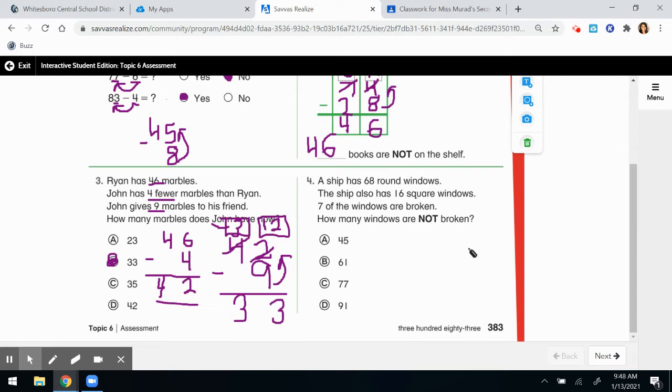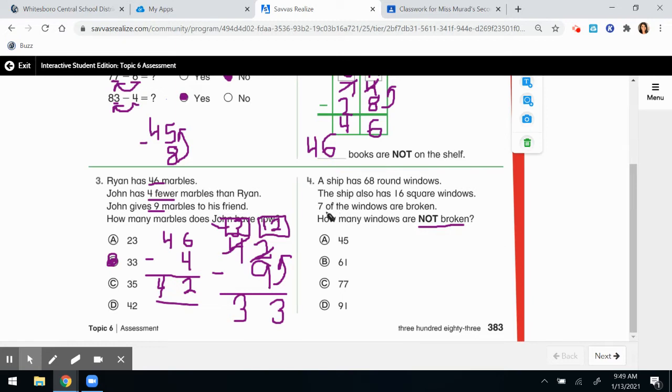Number 4. A ship has 68 round windows. The ship also has 16 square windows. 7 of those windows are broken. How many windows are not broken? So my main question is to find out how many windows are not broken.